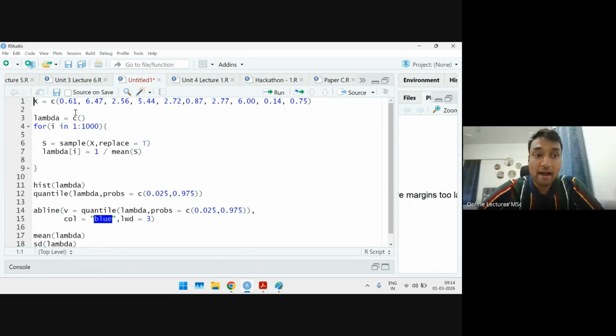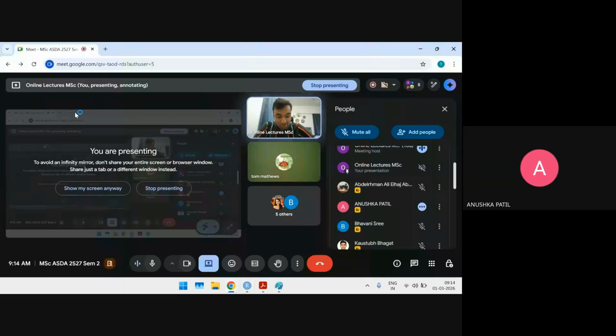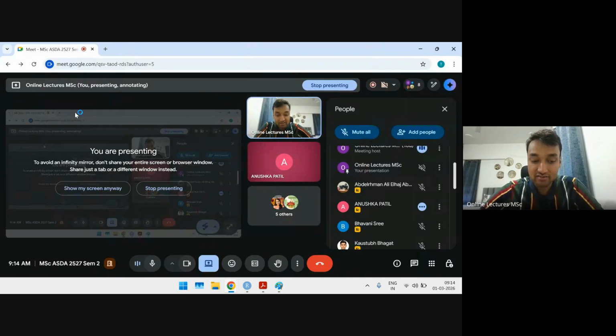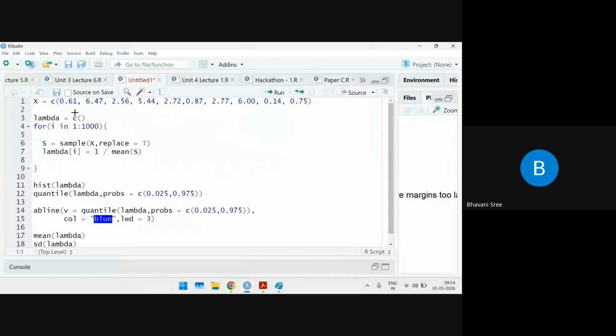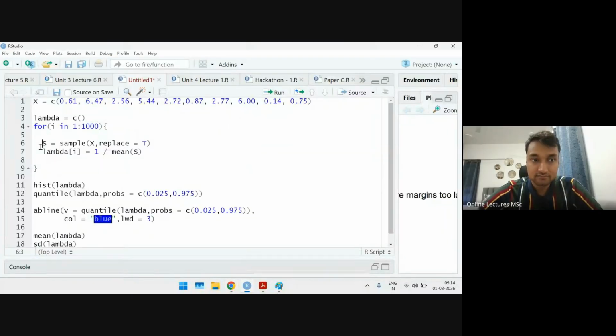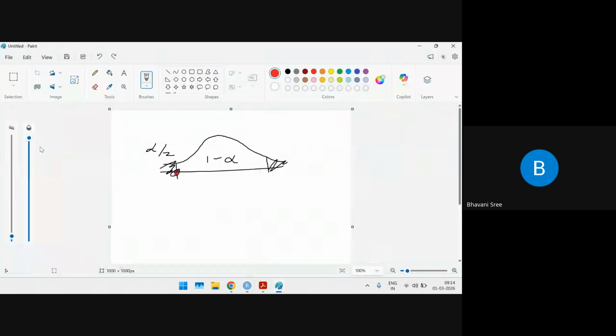Again, go back. What did we discuss? Bootstrap is getting away from the distribution with respect to the parameter, right? In non-parametric, from the sample we took, we got an x, used the sample function and did that.